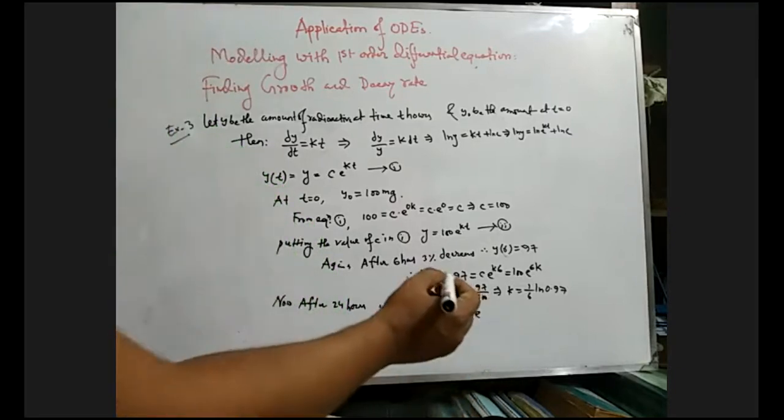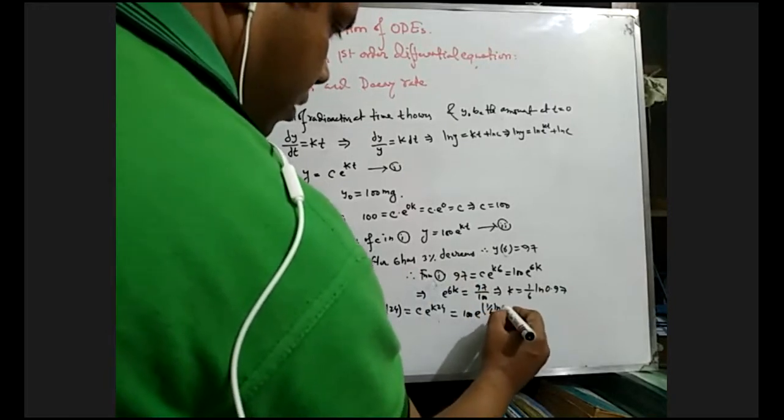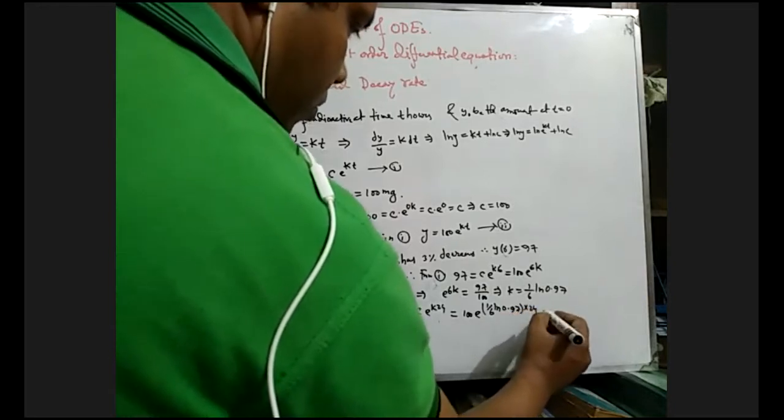And k value is what? 1 by 6 ln 0.97 into 24.